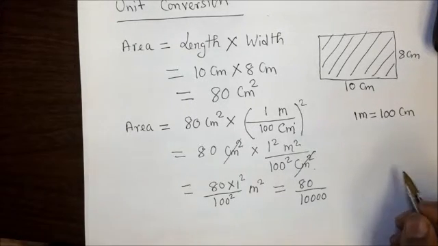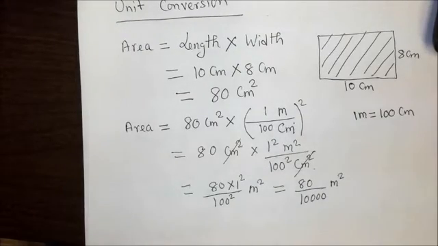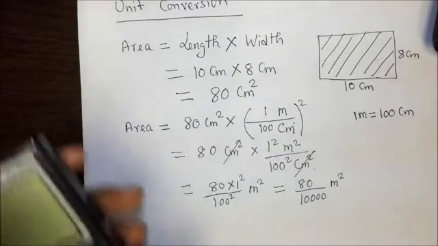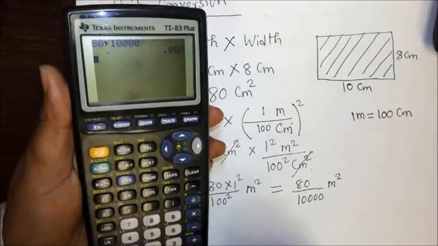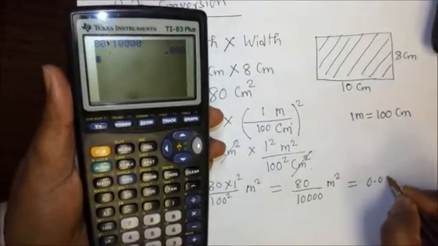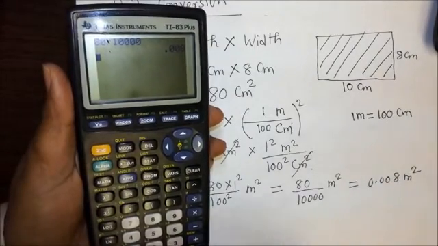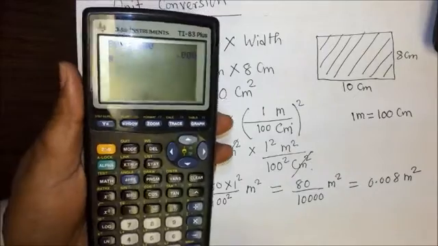Okay, and this is meter square. If you use your calculator, enter, it gives you 0.008 meter square.